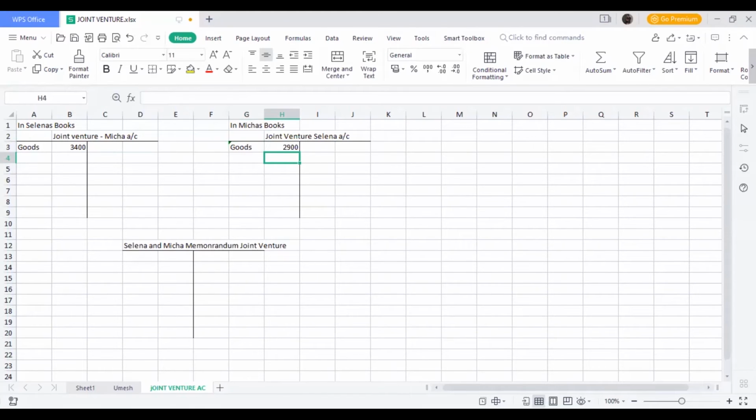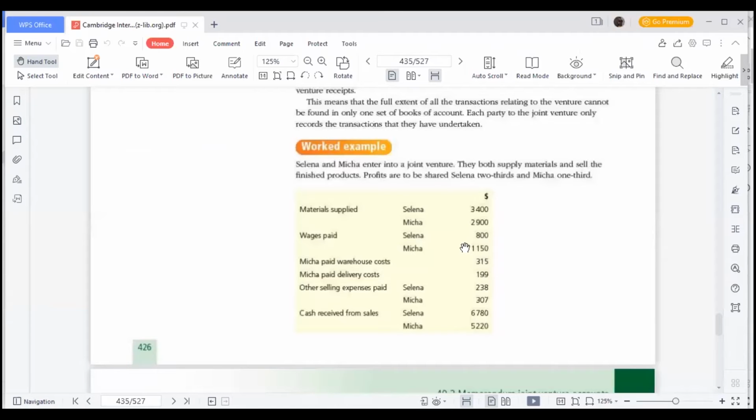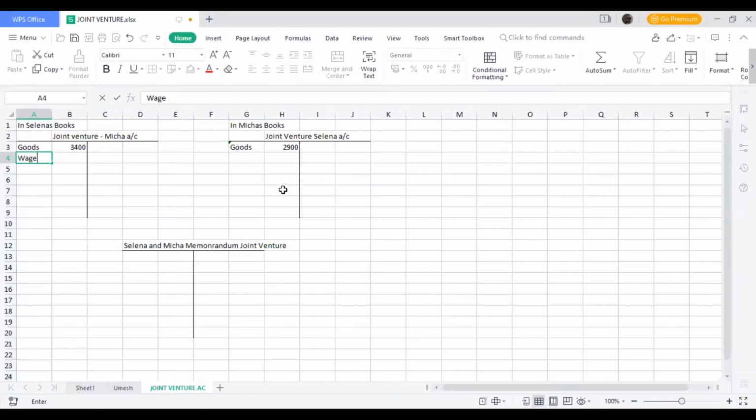Not yet done with the adjustment. We have wages paid. So I'll write here, we have wages paid worth 800 and 1,150. So I'm going to record wages paid here. Wages 800 and wages 1,150.